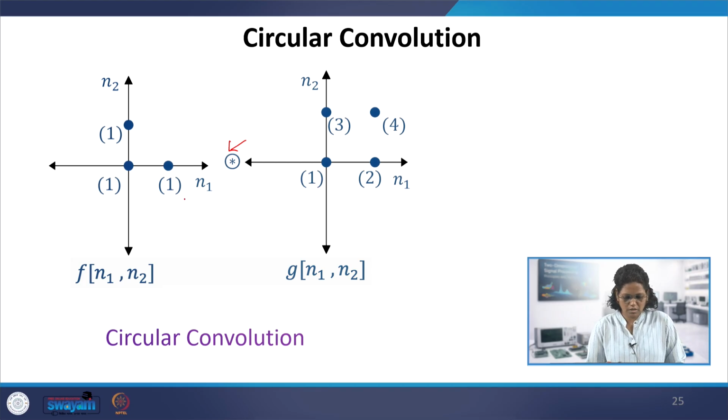So n1 is taken as 3 and n2 is also taken as 3. We extend this with zeros, giving a 3 by 3 sequence.